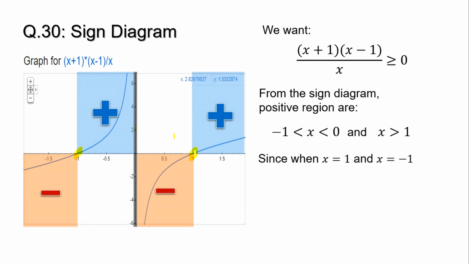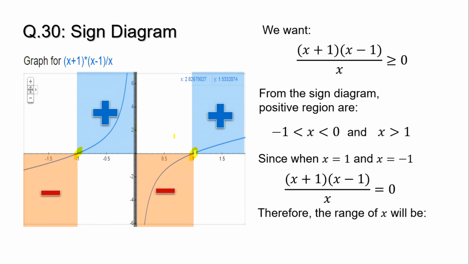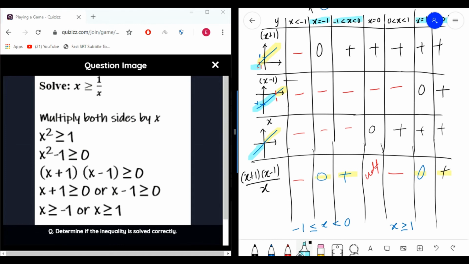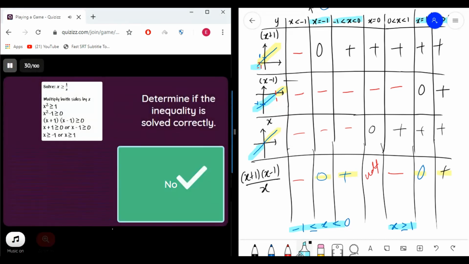When x equals 1 and x equals negative 1, y equals 0. Therefore, the range of x will be negative 1 smaller or equals to x smaller than 0, and x greater or equals to 1. And this is the correct answer. The steps here are wrong.